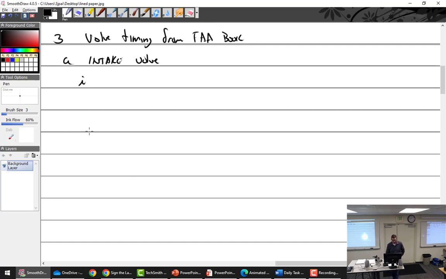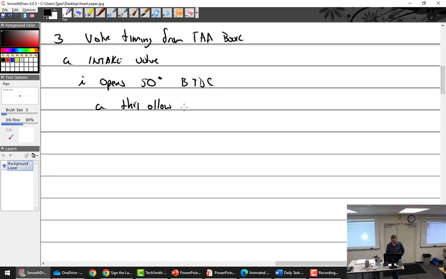Okay, so intake valve. This particular one opens 50 degrees before top dead center. And this is what I really wanted to write for you.